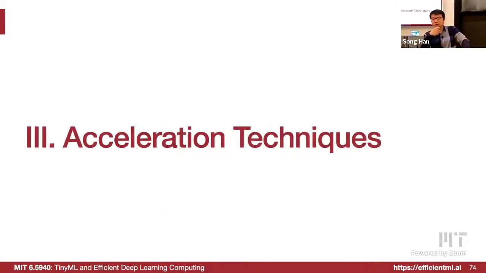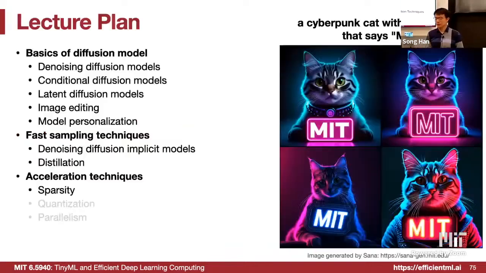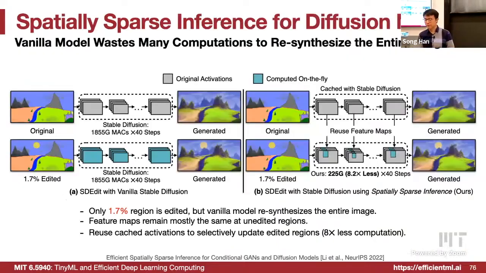Okay, chapter 3. Now let's talk about acceleration techniques for diffusion models. Let's start with using sparsity. We can exploit spatial sparsity to accelerate the inference of diffusion models, in particular for photo editing.